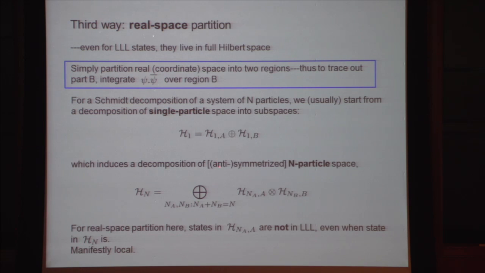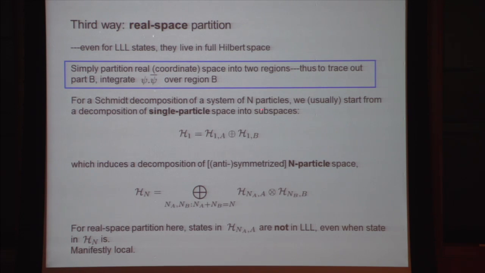But then when I look at many particle states, if I restrict to n particles, what I get is a Hilbert space with NA particles in part A, NB particles in part B, and I have a direct sum of these over all NA and NB that add up to n. Okay? So this then looks much more like the kind of partition that I was talking about. One further thing is one should be very careful in practice if you have fermions and not bosons, because there are minus signs involved in the decomposition. Because of fermion operators coming through here and hitting here, it's really a graded tensor product. And this is closely related to what Greg Moore was describing as the Koszul sign rule the other day.